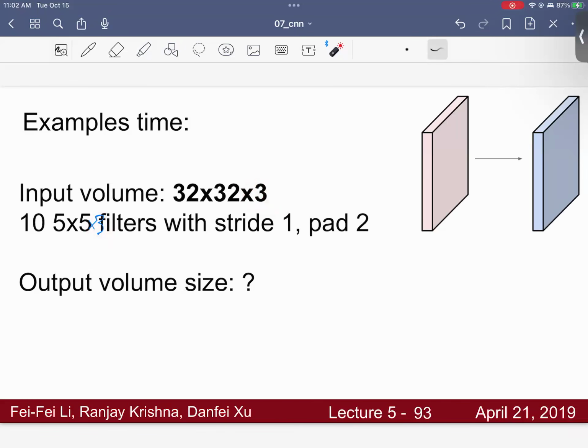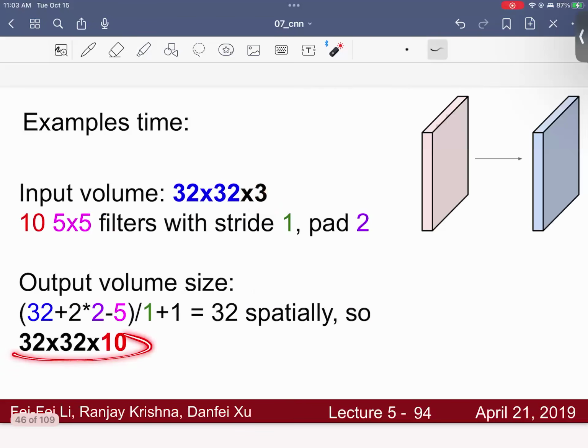So your activation map would be what? You have stride 1 and pad 2. You're using a 5 by 5 filter with pad 2, so your spatial dimensionality would be preserved. And then you have 10 filters in action. So it would be 32 by 32 by 10. Your output volume, or your activation map, would be 32 by 32 by 10.